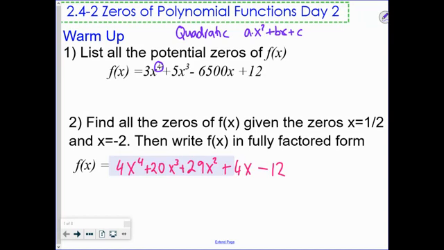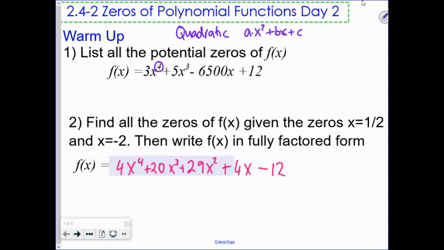However, if something's got a degree higher than 2, we're probably going to have to find some more zeros first to divide out of it until we can bring it down from degree 4 to degree 3 to degree 2, so then we can find the last few zeros.